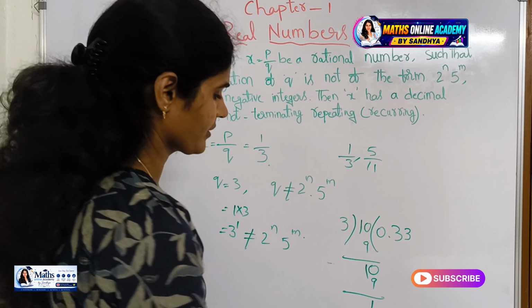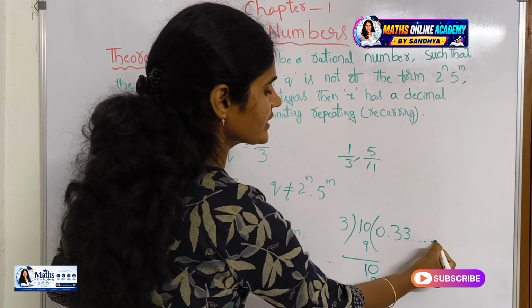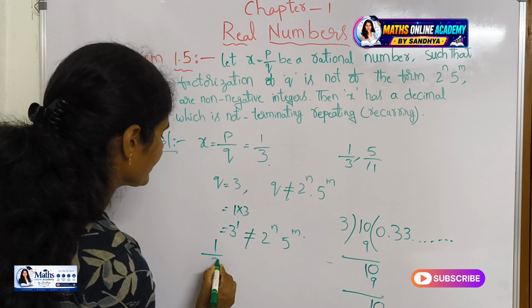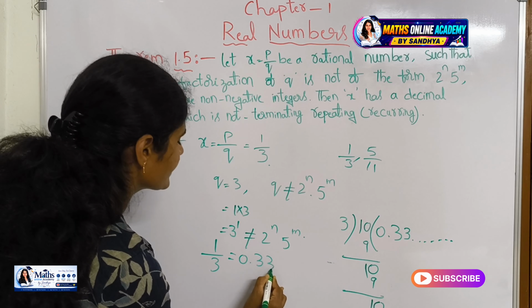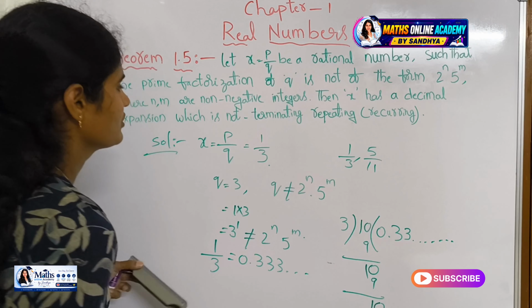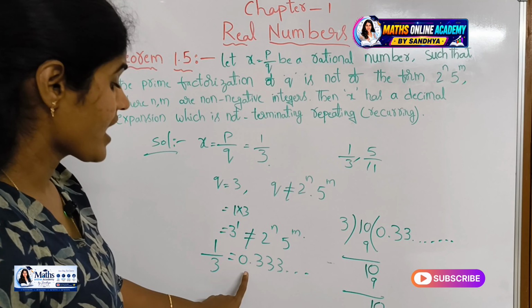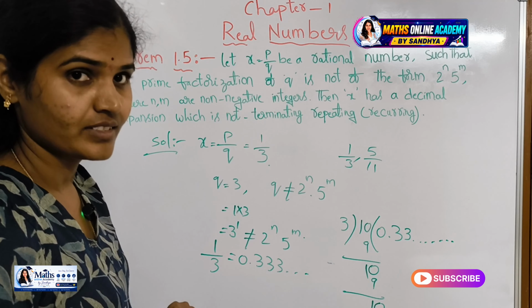So it's repeating. It's not ending. It will continue with 3. So 1 by 3 equals 0.333 and so on.